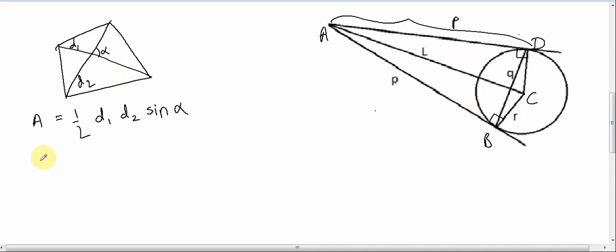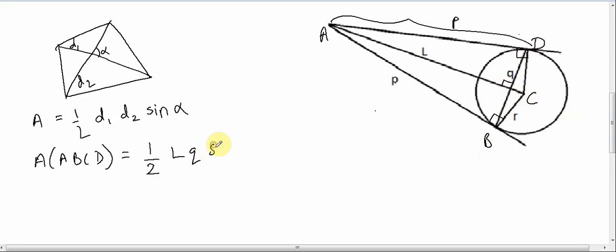So in quadrilateral ABCD, we apply this formula, and we notice that one of the diagonals is capital L and the other diagonal is Q, and alpha is this angle, which is 90 degrees. Why? Because you see quadrilateral ABCD is a kite, and the diagonals intersect at 90 degrees.